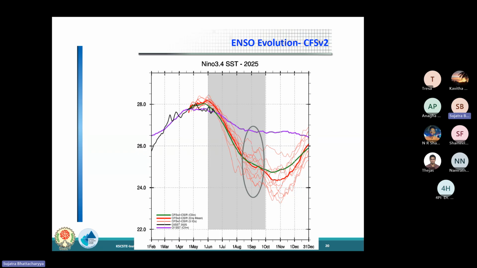So especially at the end of the season, we will get a fairly good amount of rain. By default, the model has that nature. In addition, if the temperature goes slightly below this, the model gets an amplified positive rainfall during the month of September. Okay, and then the IOD.